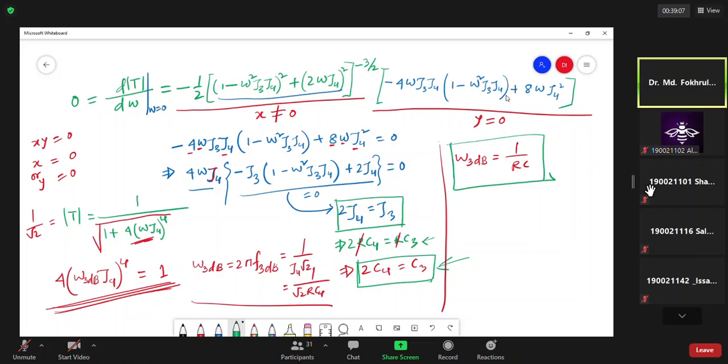So if we combine all these three equations, then from here we can find that C4 will be 0.707 C. And if it is so, then C3 will be double of this, double means 1.414 C.